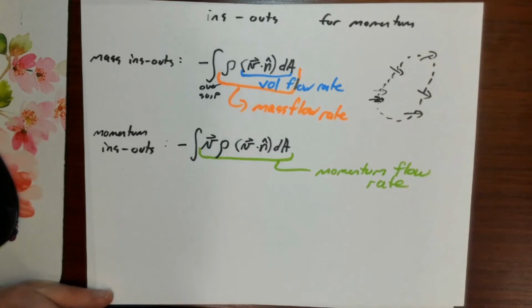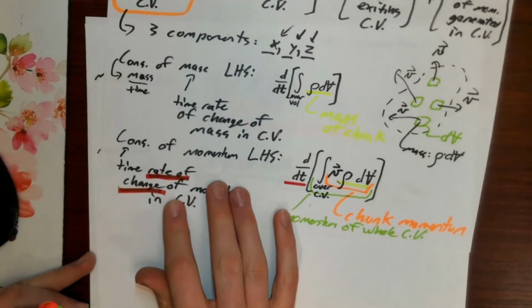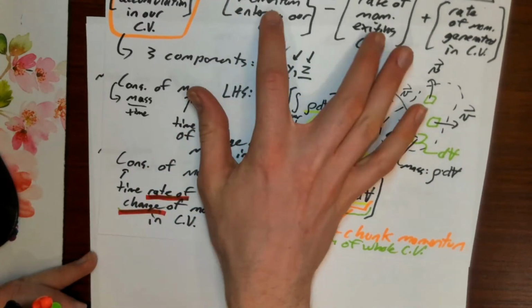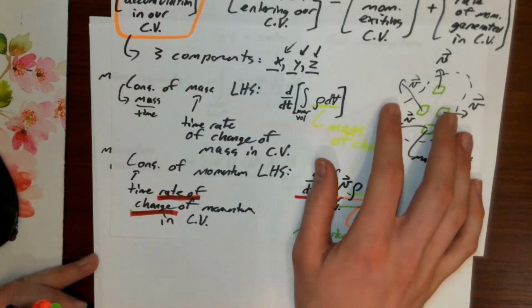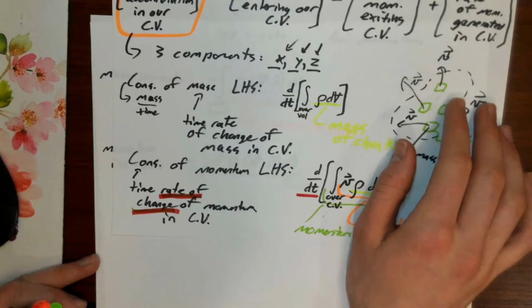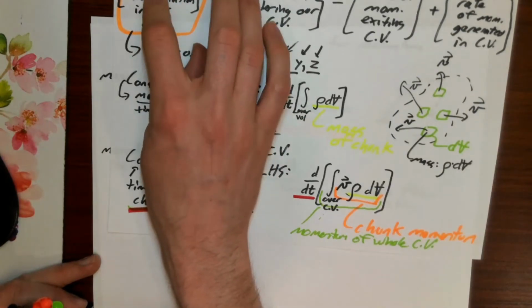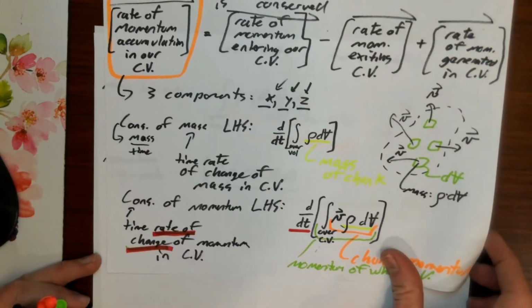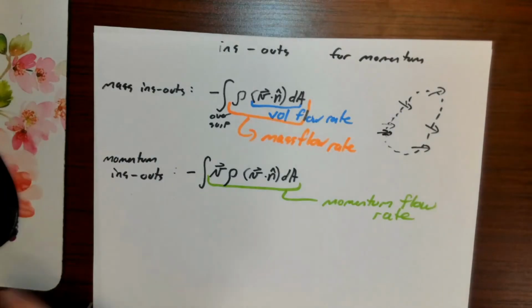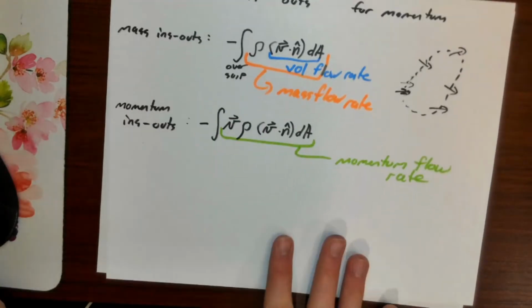And if we think about conservation of momentum, conservation of momentum has to essentially be flow rates. If we have flow rates of momentum in, flow rates of momentum out, that's a time rate of change of momentum accumulating in our control volume. So there we have it.